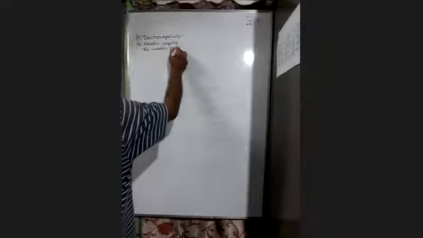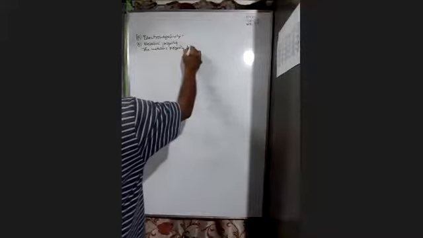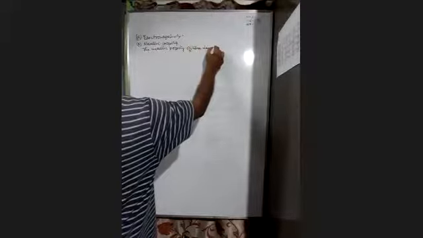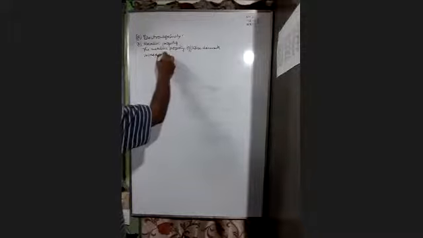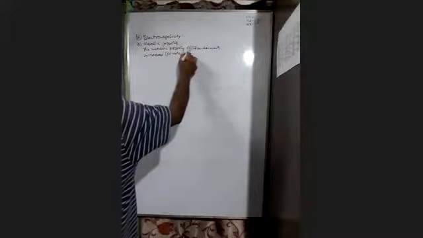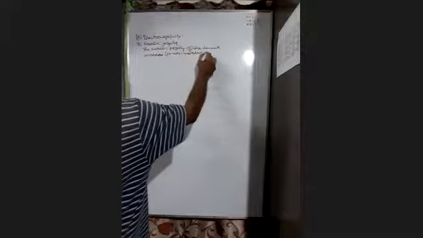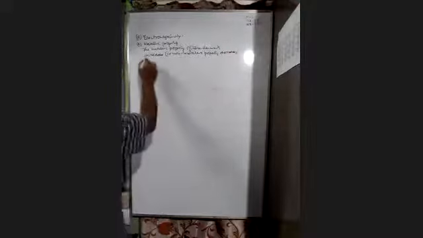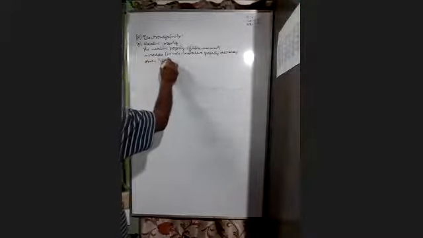Okay, so the next is metallic property. What we will find here: the metallic property of these elements increases, or what I can write, the non-metallic property decreases down the group. Why?